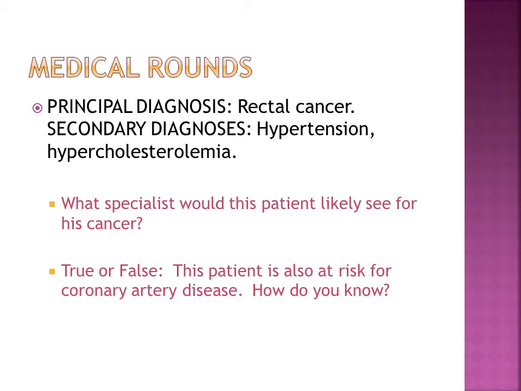This patient is also at risk for coronary artery disease. How do you know? True, the patient is at risk for coronary disease due to hypercholesterolemia. Hyper means excessive. Cholesterol is a fatty substance. Emia, presence of substance in the blood.